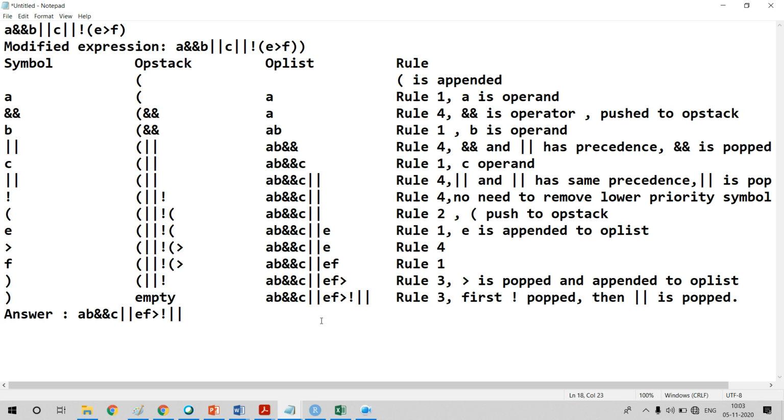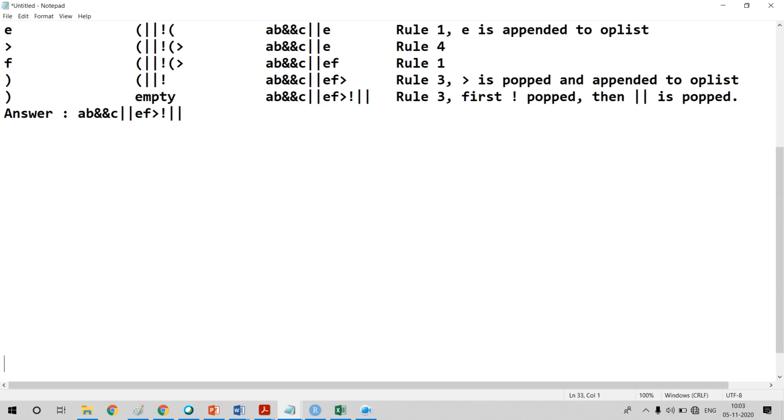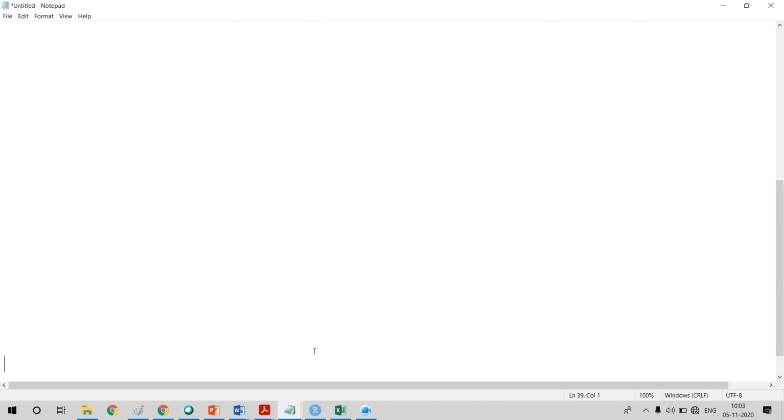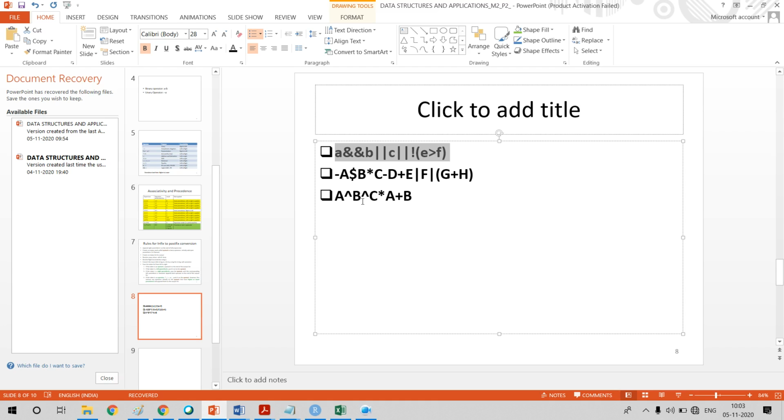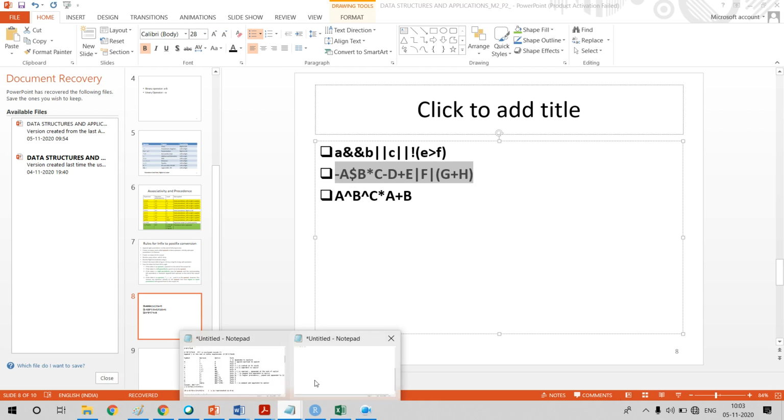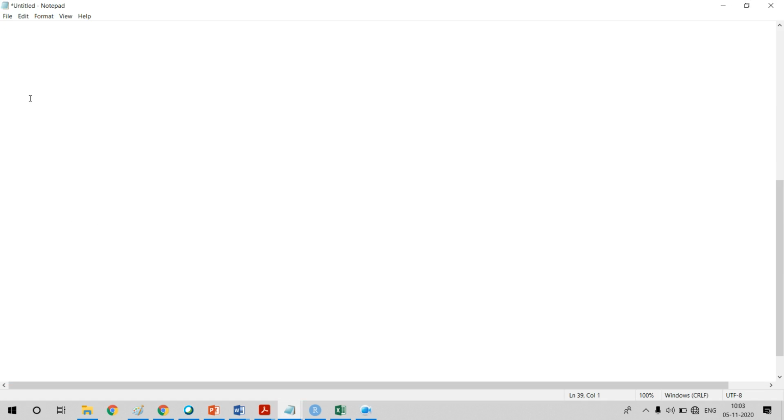Now we will solve one more problem with different types of operation. Now I'm going to take another type of problem which involves some more types of operators and unary operation.